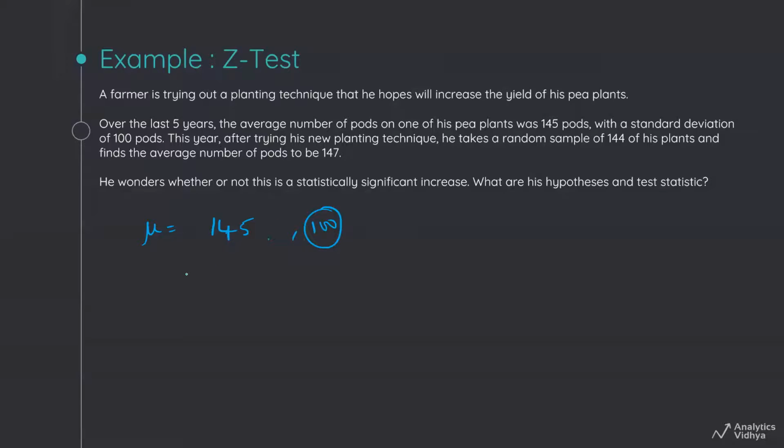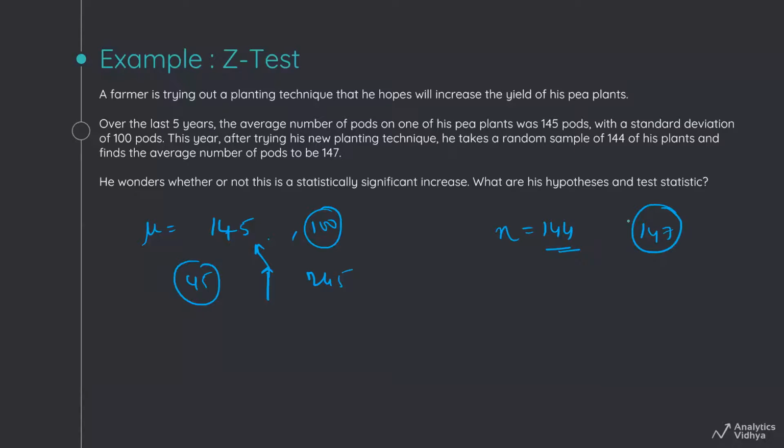So in general, it can be either 45 pods per plant or it can be 245, with an average value of 145. Now this year, after trying his new planting technique, he takes a random sample of 144 of his plants. So what is my sample number? It is 144 data points. And he found that the average number of pods to be 147.